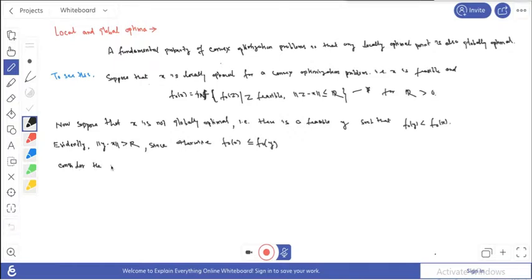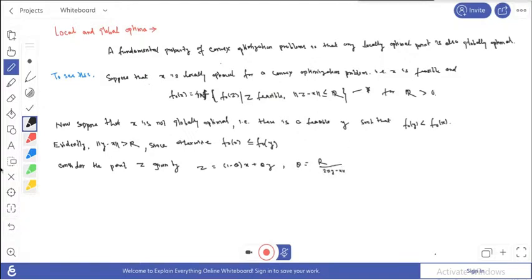Here, if we consider any point z which is given by a convex combination of x and y, so z is 1 minus theta times x plus theta times y, and we take theta as r over 2 times the norm of y minus x.